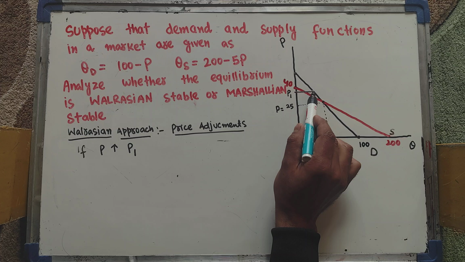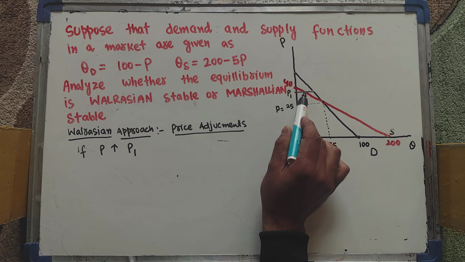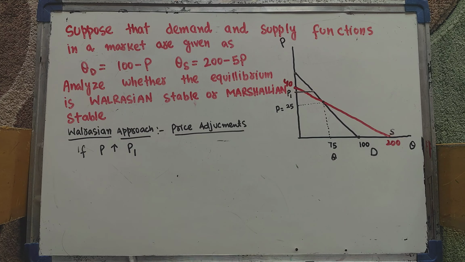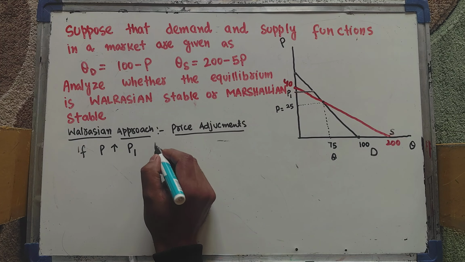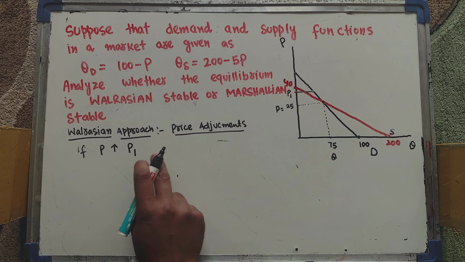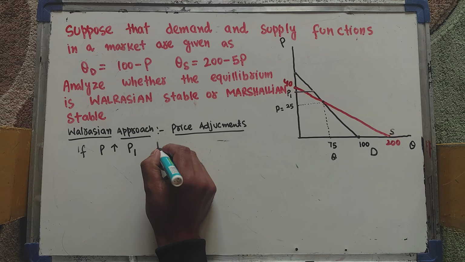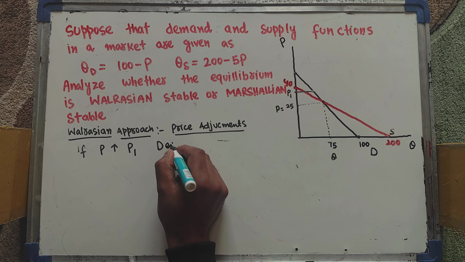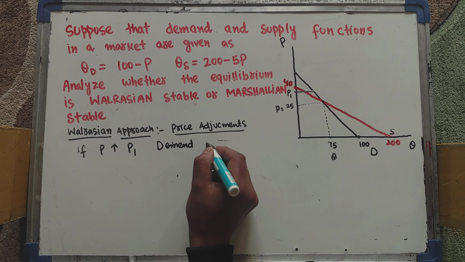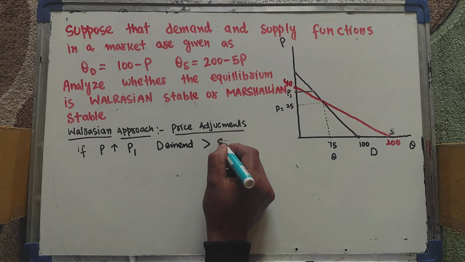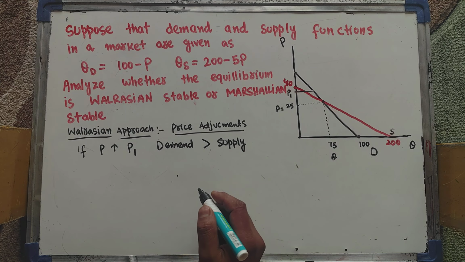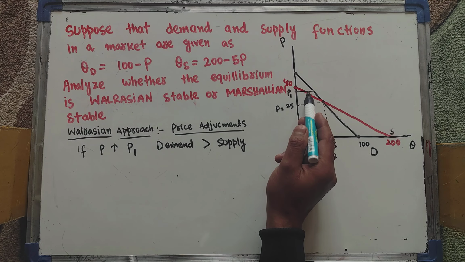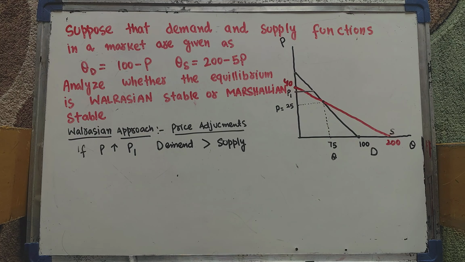So here demand is more, supply is less. What happens at this point at P1? Demand is more. So demand is greater than supply. In this case demand is greater than supply.